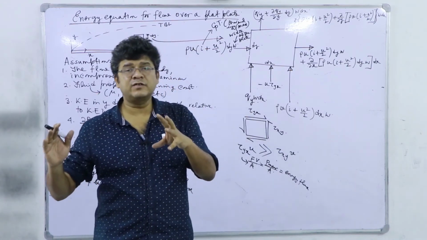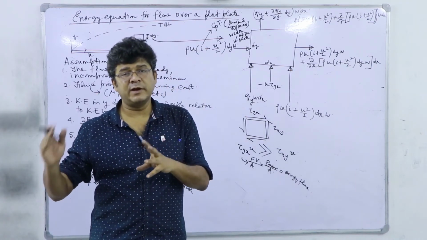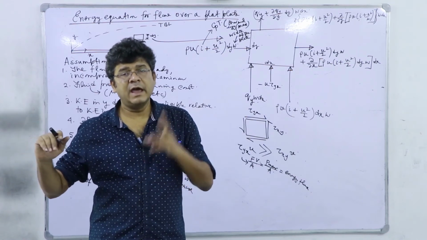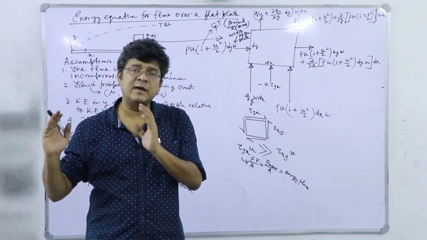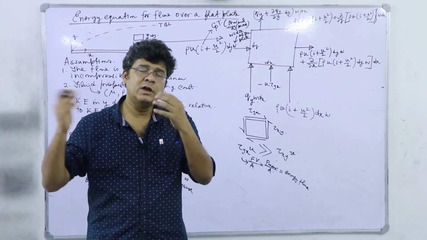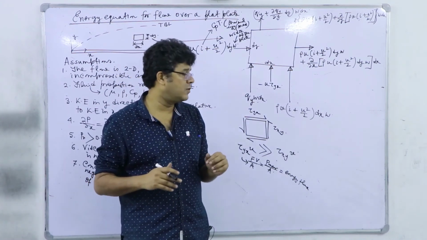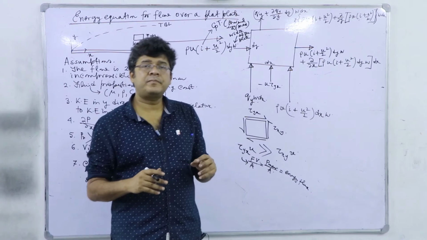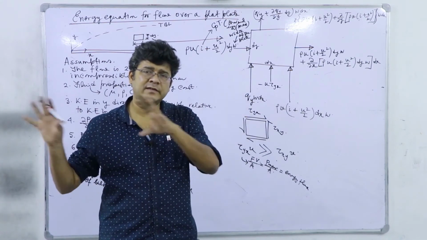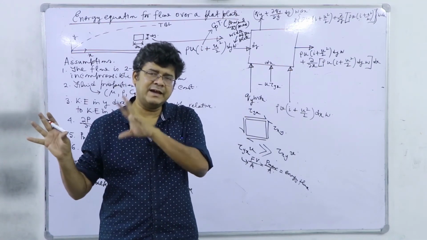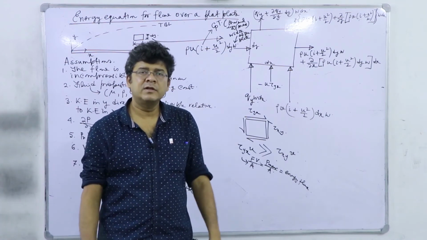It's the summation of h plus v square by 2 plus gz, into m dot. The terms in the summation will be positive if it is an outflow, and negative if it is an inflow, right. So the right hand side is the outflow minus inflow term, right.